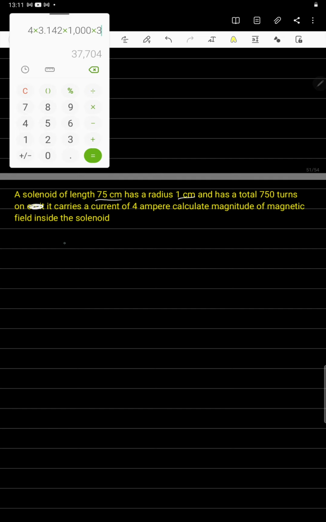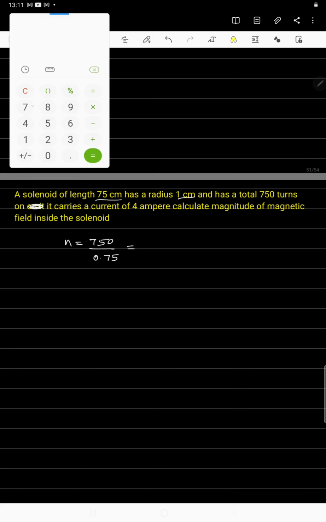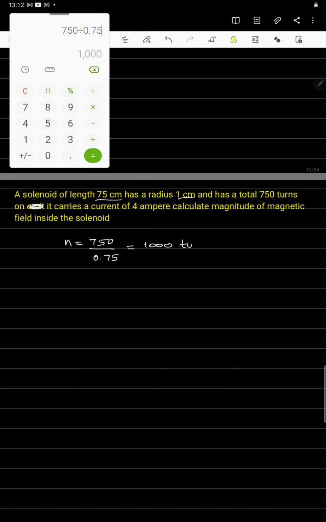So here also, n equals 750 turns per 75 centimeter. So we'll make it 0.75 meter. 750 divided by 0.75 becomes 1000 turns, and current I is given, that is 4 ampere.